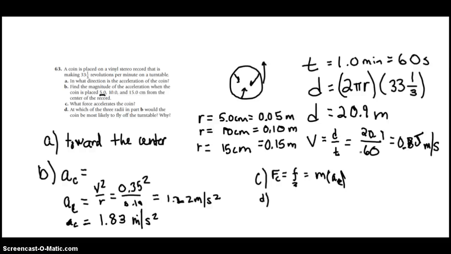The coin has the highest acceleration at the 15 centimeter mark. Centripetal force is going to increase with acceleration, so it would take a lot more force to keep that coin on the turntable with this higher acceleration. So our answer is going to be the 15 centimeter radius. That's going to be the hardest to keep on the turntable.